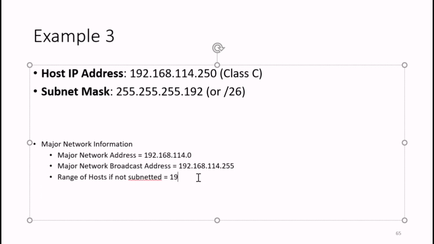It should be from 192.168.114.1 to 192.168.114.254. So we have to not include the network address and also the broadcast address for the hosts.